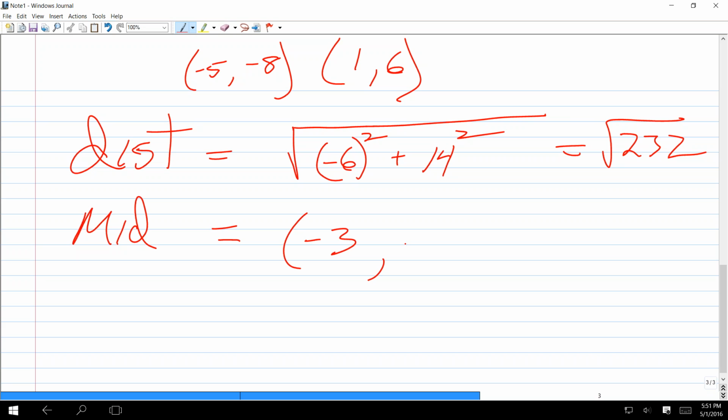Add the 2 numbers and divide by 2. Oh, I subtracted them. When you're finding midpoint, yeah, you want to add them. Oh, okay. So it would be -2 for the x value and -1 for the y value. Okay, good.